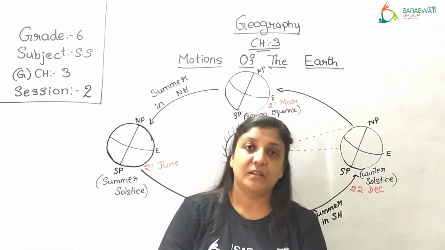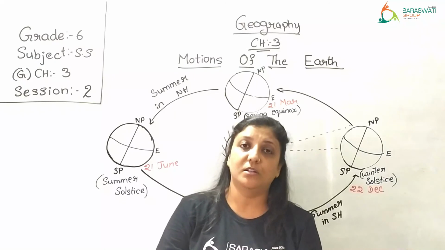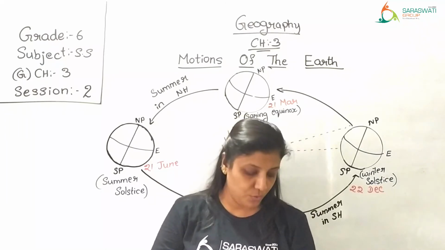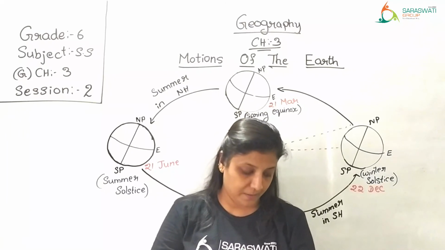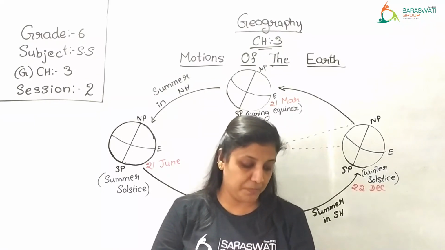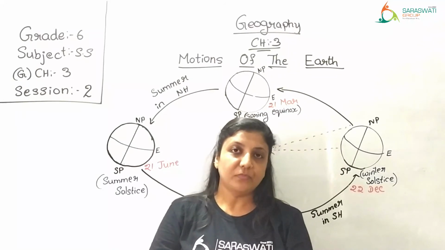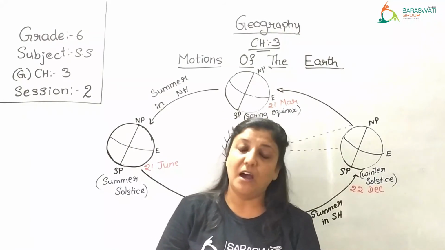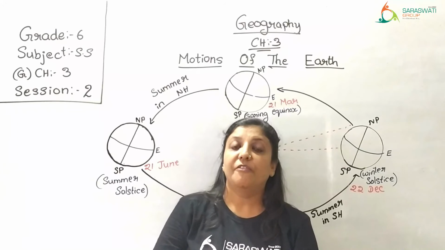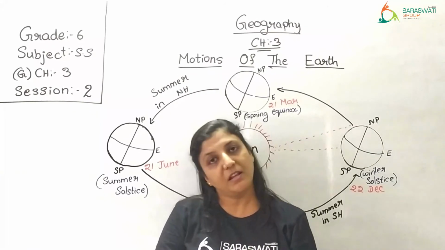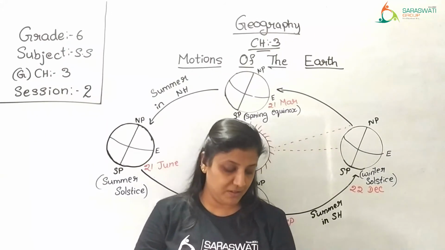So throughout the earth, everywhere you have equal day and night. The northern hemisphere has spring while the southern hemisphere has autumn. So on 21st March, the northern hemisphere will have the spring season, the southern hemisphere has the autumn season.